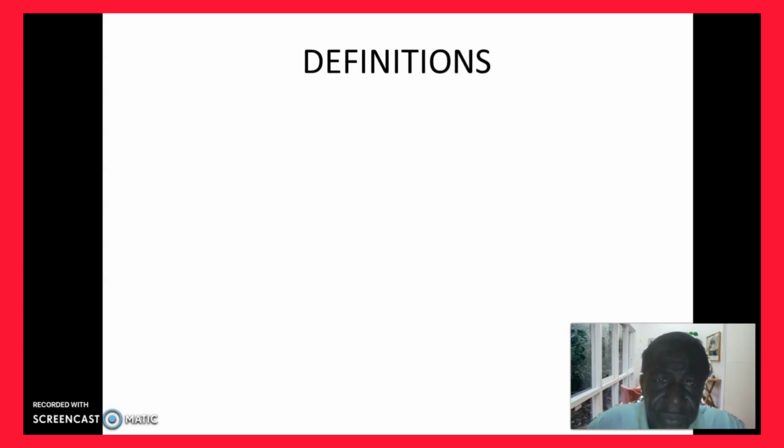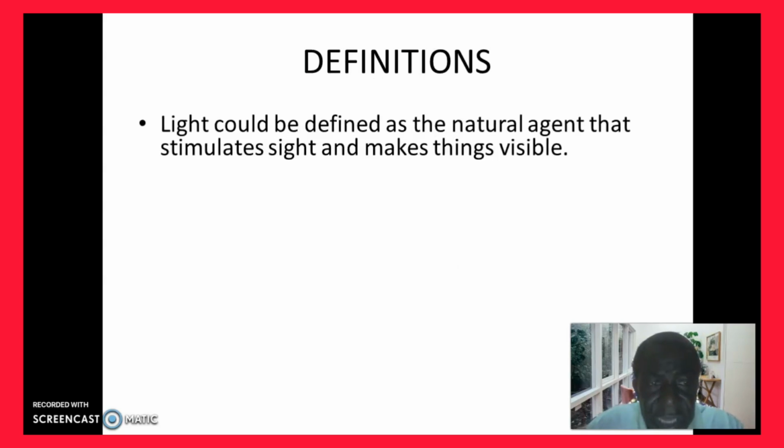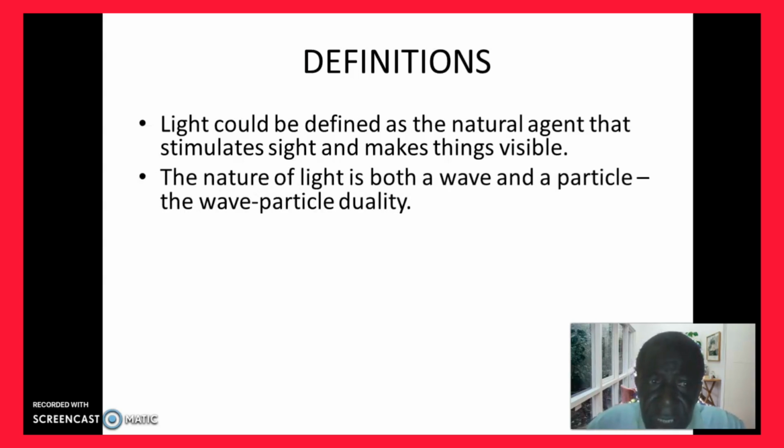The definitions. We start by looking at light. Light could be defined as the natural agent that stimulates sight and makes things visible. The nature of light is both a wave and a particle. The wave-particle duality. This is now known. Those days, in the early 16th century up to the 17th century, the time of Sir Isaac Newton, it was not so known.